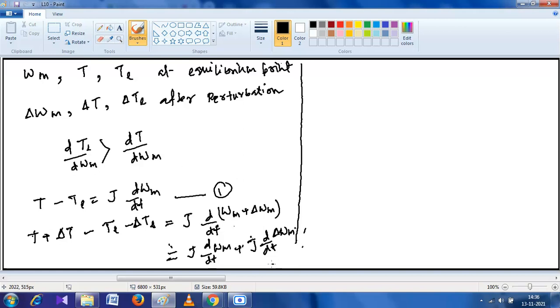If we subtract equation 1 from 2, what do we get? After subtracting equation 1 from 2, tell me.